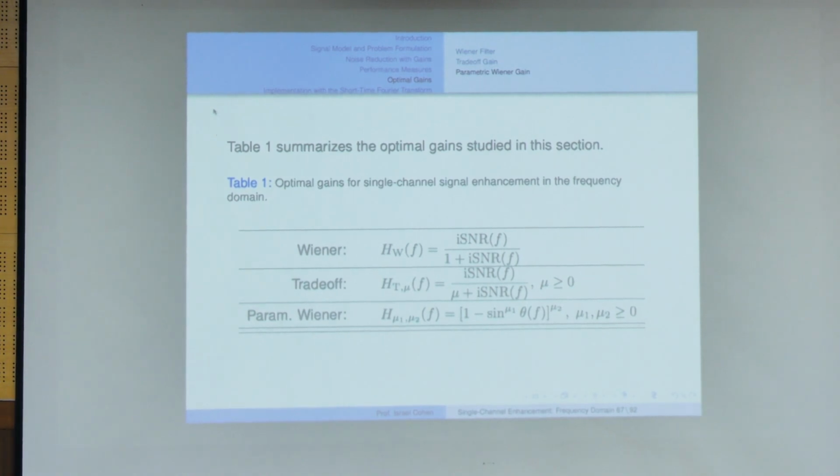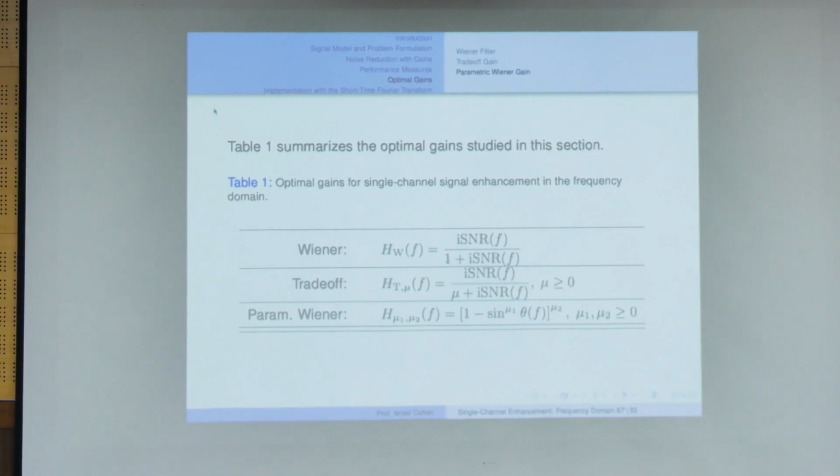So the extension is we have different ways to move from the frequency domain to the STFT domain. The simplest method is to work with similar gains to those we worked with in the frequency domain, but apply them in the short time Fourier transform domain.